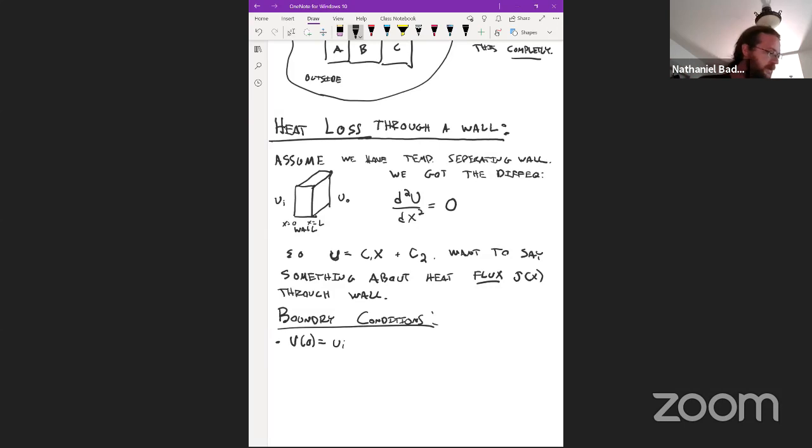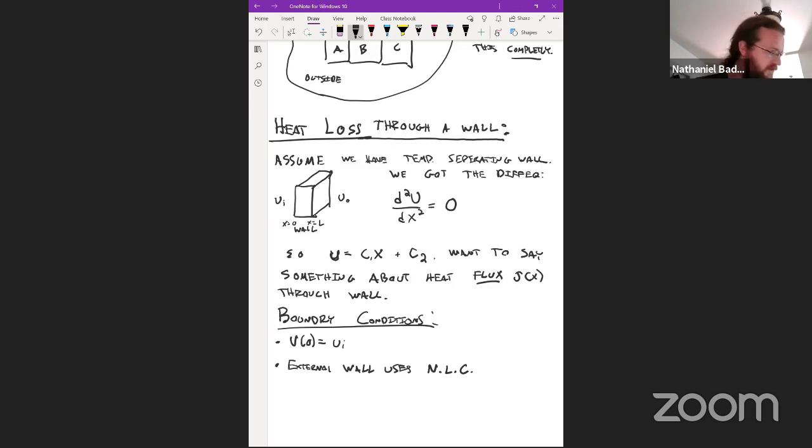And the second boundary condition is going to be that the external wall uses Newton's law of cooling. We could, of course, assume that both the internal and external walls use Newton's law of cooling, but for now, we're just going to assume one, and we'll see why, because there's a very nice thing that winds up happening.